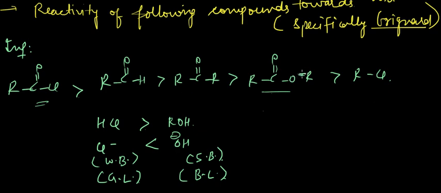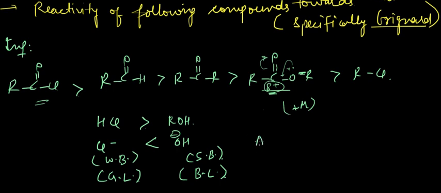Also we have the plus M effect of this O into the picture, which makes this carbon atom less partially positively charged, hence this would be a bad place for a nucleophile to attack. We can say in other words that acid chloride is most reactive towards a nucleophile.